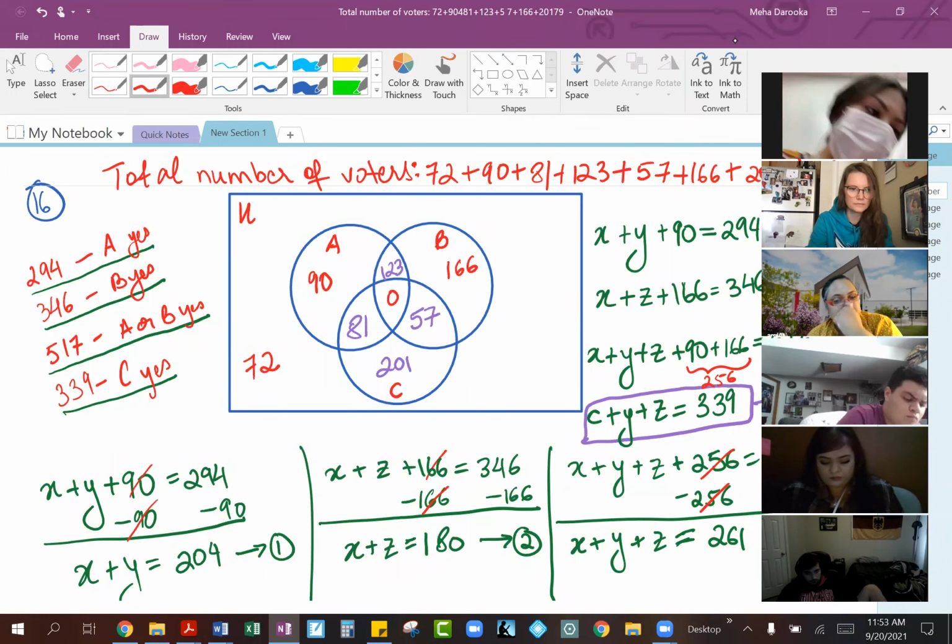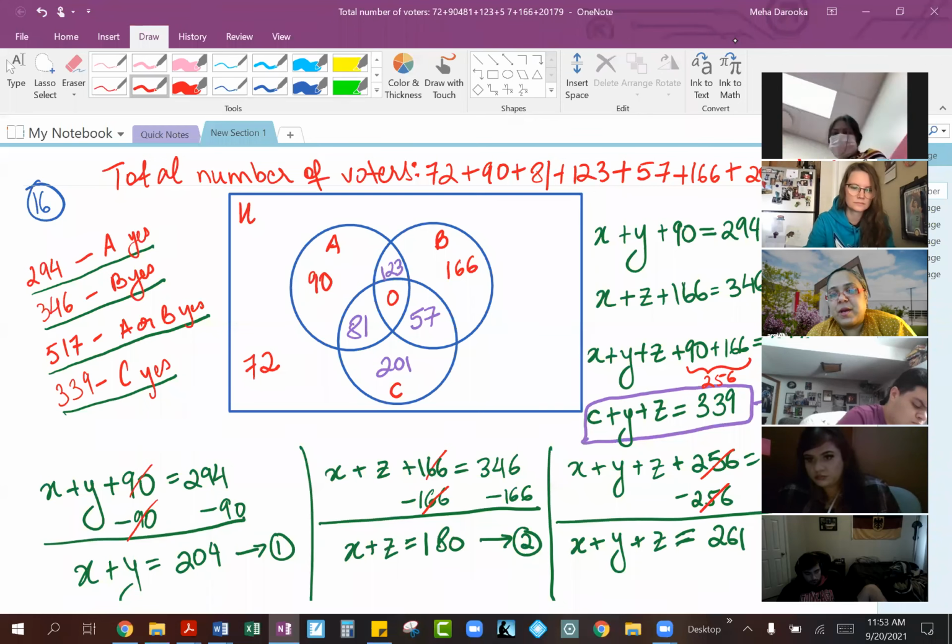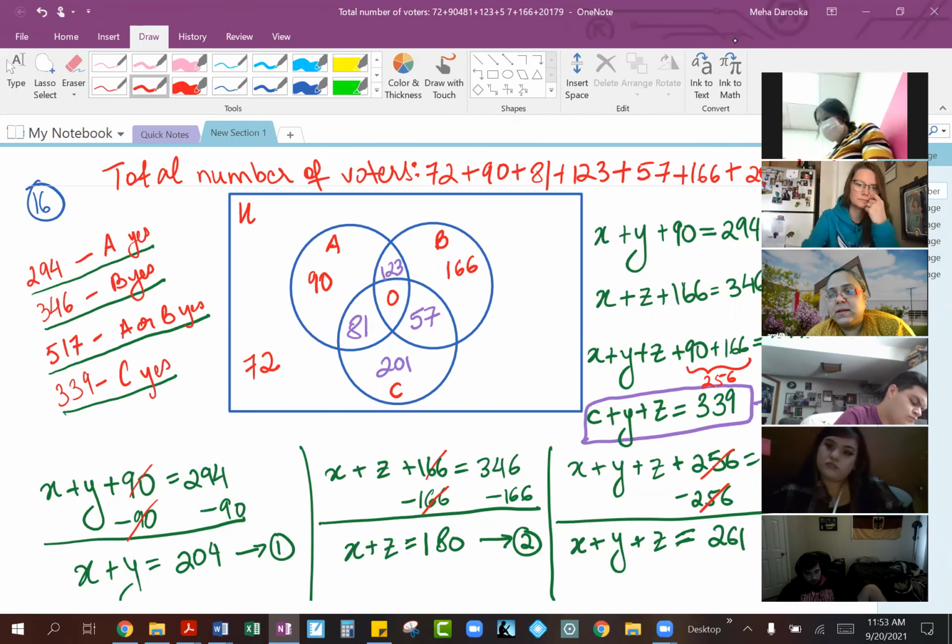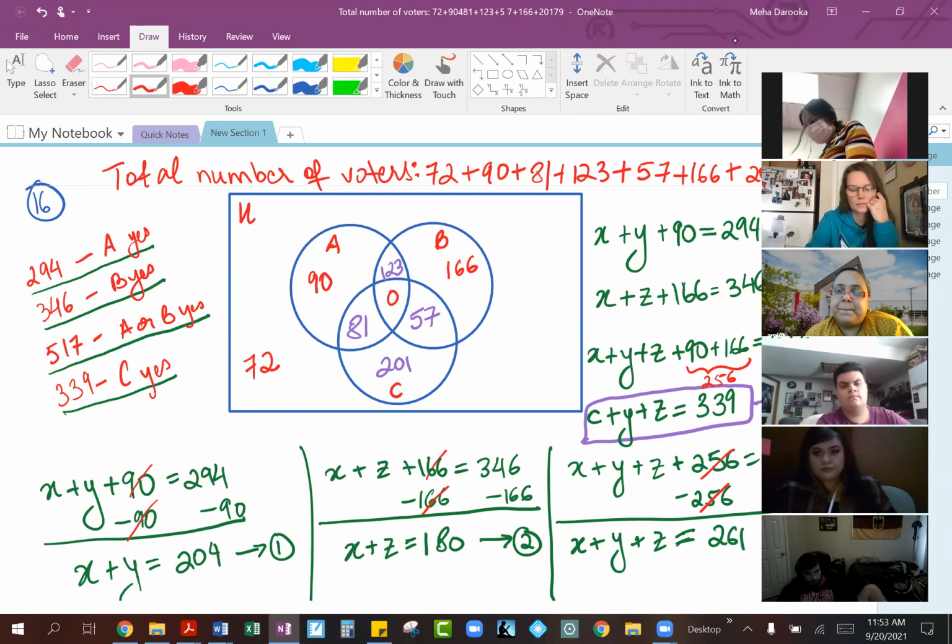I got 496, and I added up B, C, and the overlap and the universal 72. Okay, so what numbers did you leave out? A 90, 81, and 123.